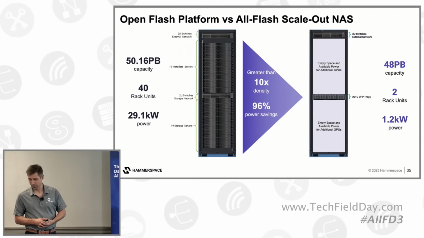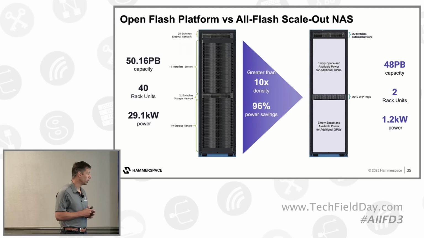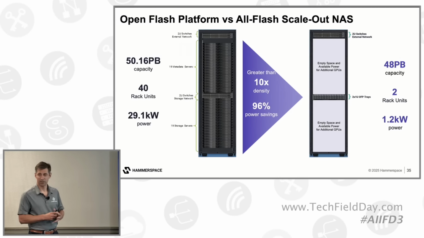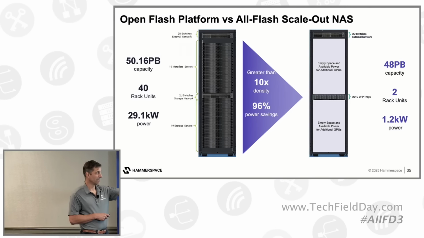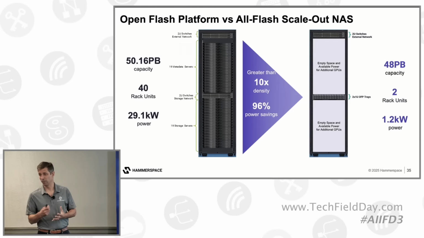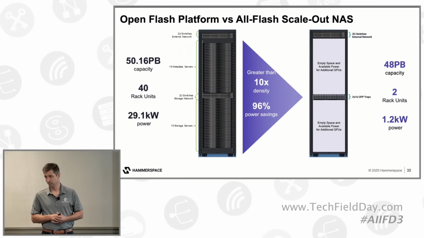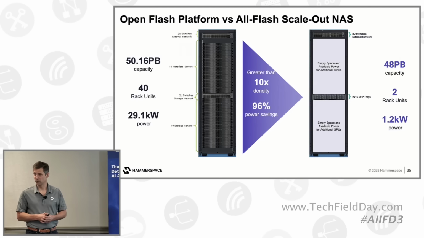As the comparison here, we can take a really nice all-flash scale-out NAS platform and reduce that footprint from a full rack into essentially 2U of 1U trays. And so this is really an order of magnitude decrease in the amount of space and power that's required for this amount of capacity.